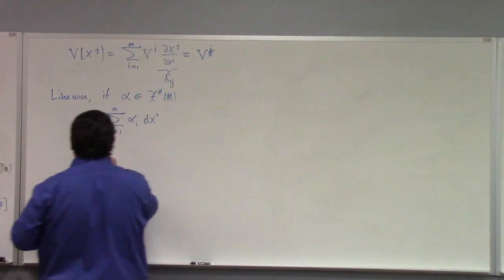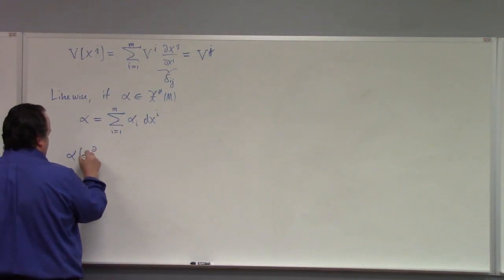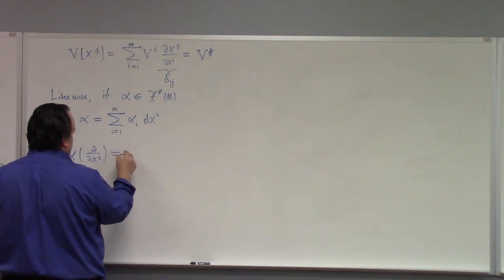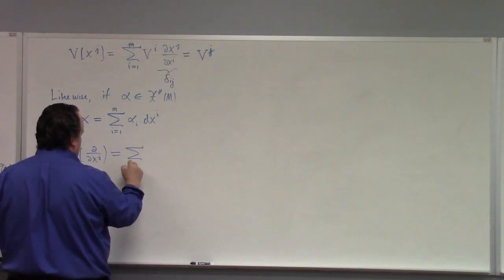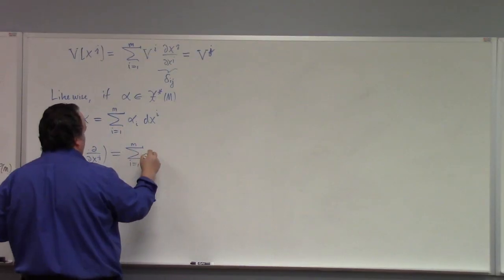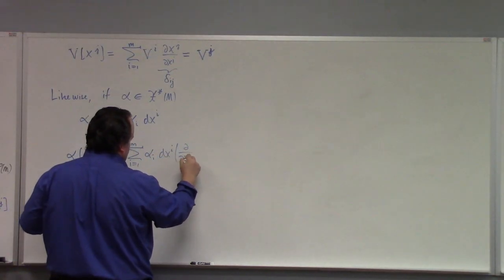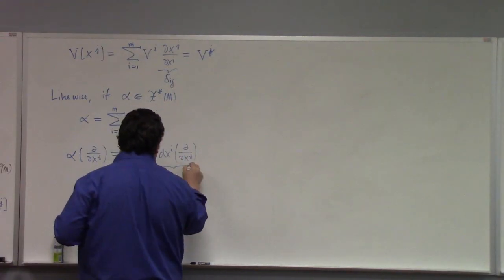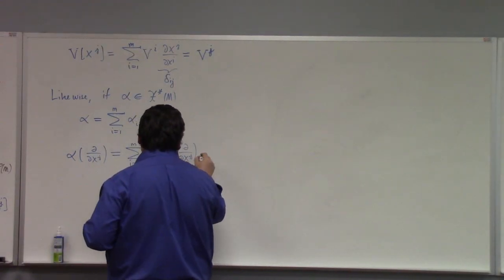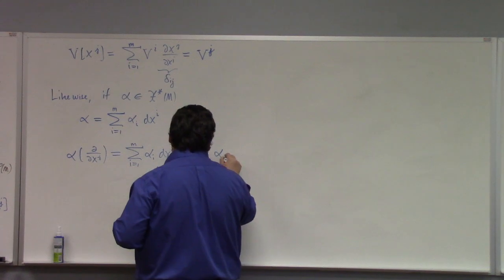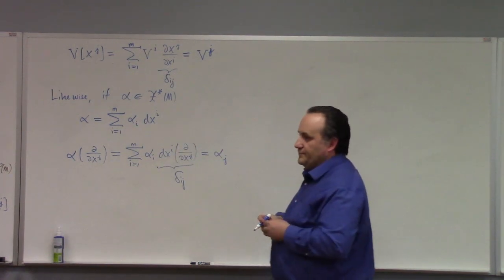Well, if you calculate alpha of partial xj, that's going to be the sum, i equals 1 to m, of alpha sub i dx upper i of partial xj. Again, these are dual, as we talked about last time, Kronecker delta ij, lo and behold, alpha sub j.